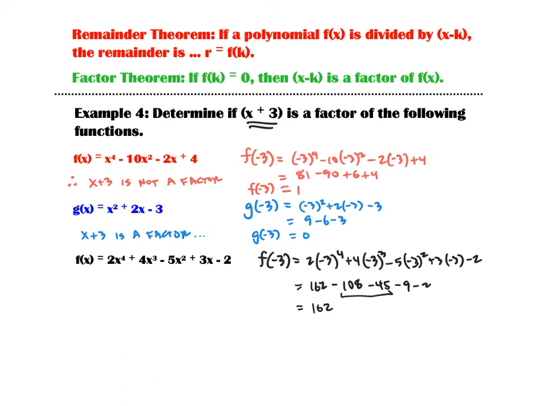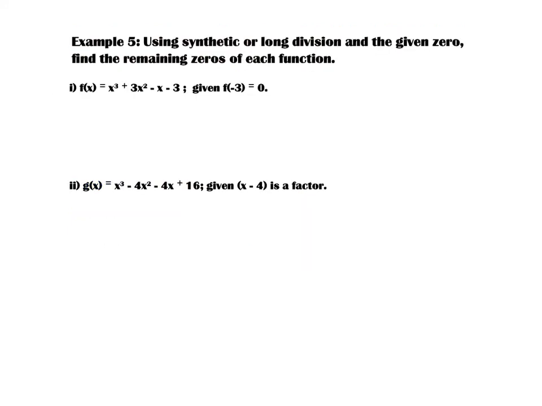Not going to work out. So minus 164. Looks like we get a negative 2. Therefore, x plus 3 is not a factor. All right, cool. That can be very helpful later on. All right, let's get moving.